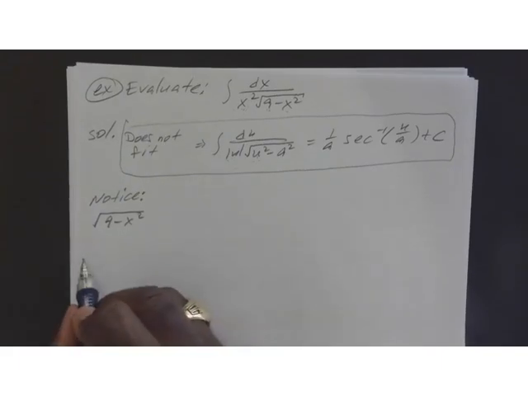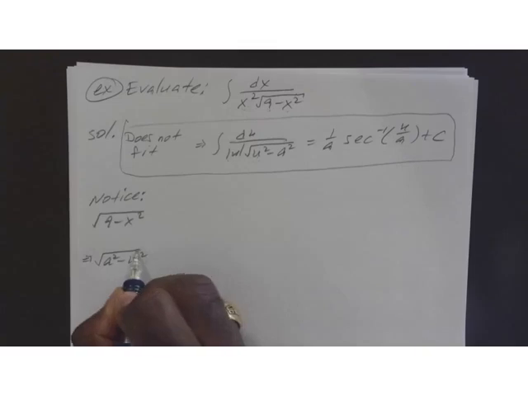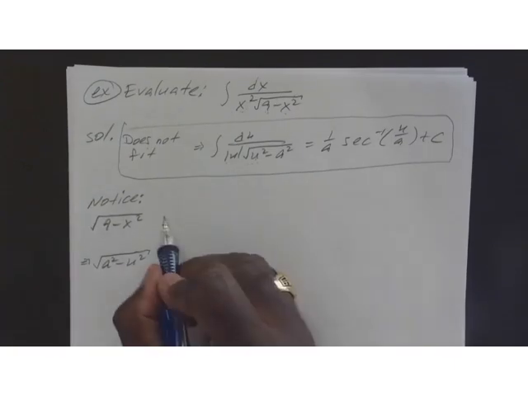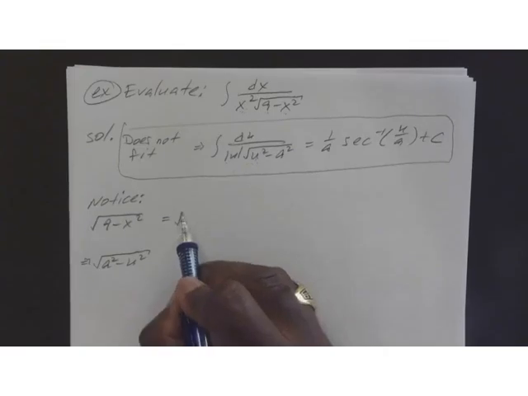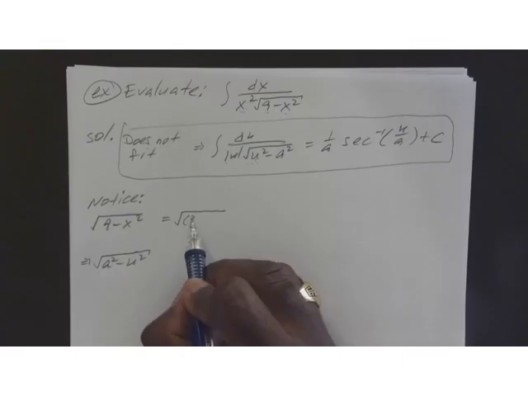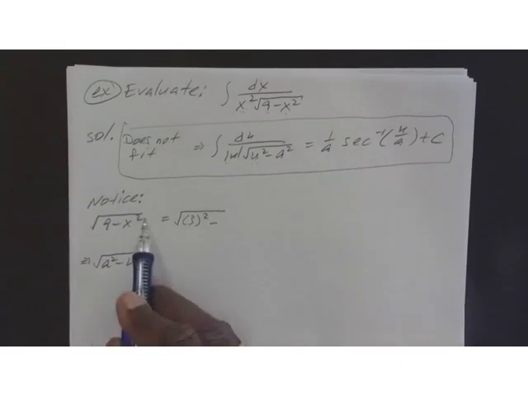Okay, it's in the form of the square root of a squared minus u squared. So if we rewrite it, that's the square root of 3 squared minus x squared.